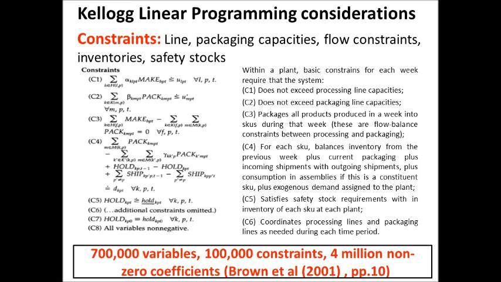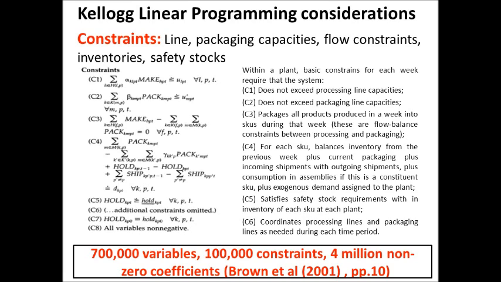As stated, the real scale of this problem could cover 700,000 variables, 100,000 constraints, and 4 million non-zero coefficients based on our reference. The constraints are line processing capacities, packaging line capacity, flow balance between processing and packaging, balance inventory, coordination time between processing lines and packaging, and safety stock.